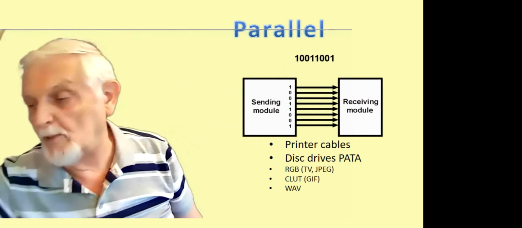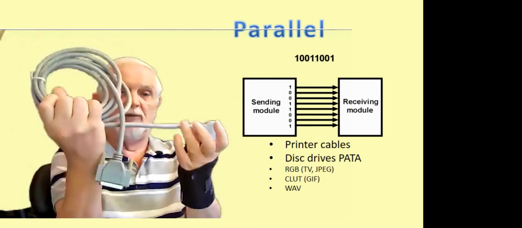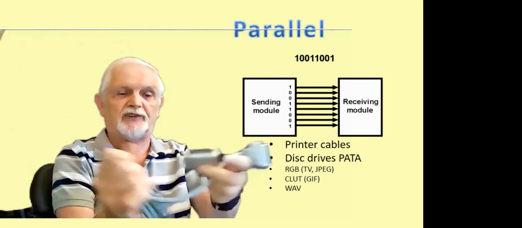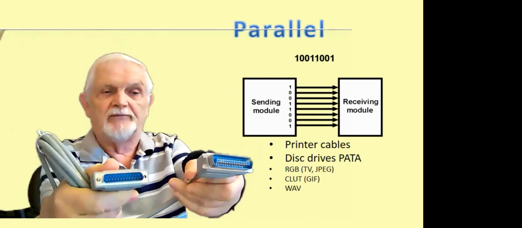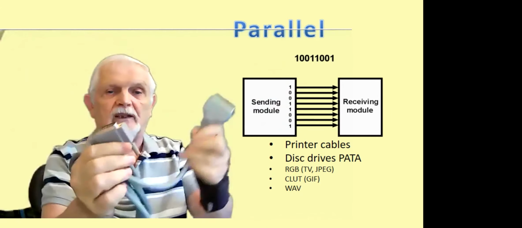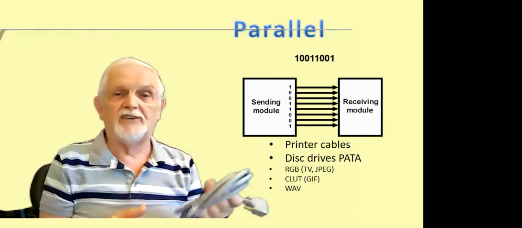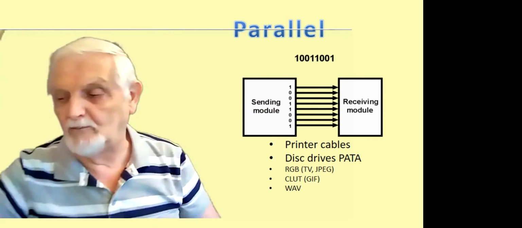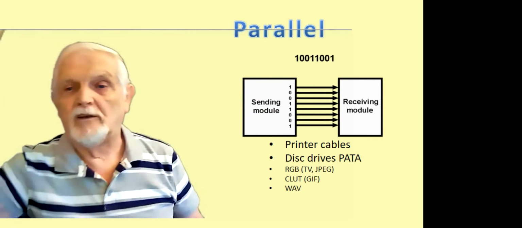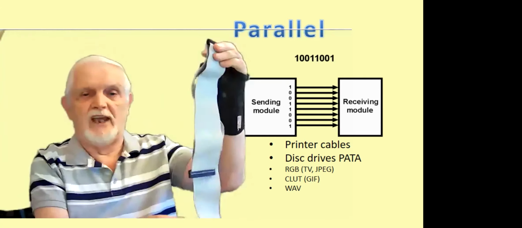That was very common. You've come across it umpteen times. Things like the big Centronics printer cables. They've got loads and loads of connections at the end, and big thick cables. But you're passing the data. If you want to print a letter, then you're sending the data in parallel clumps. Or disk drives, the parallel ATA connection.